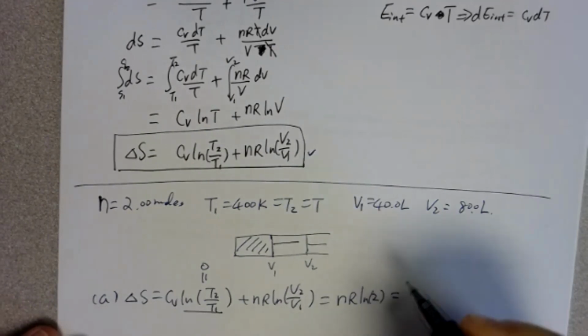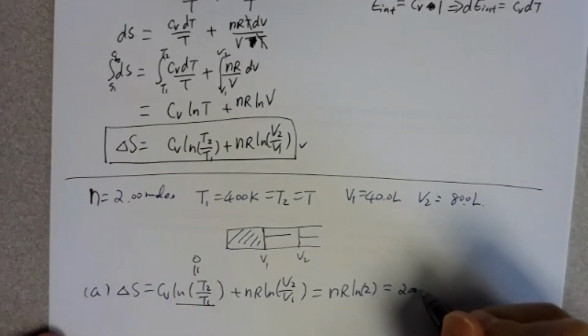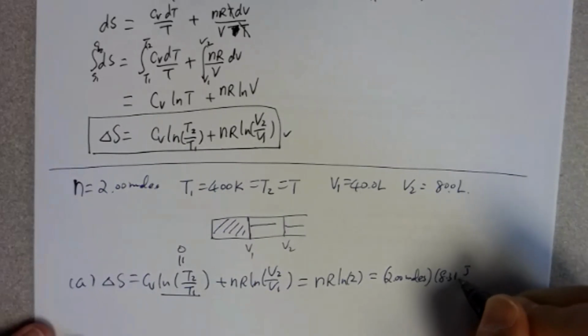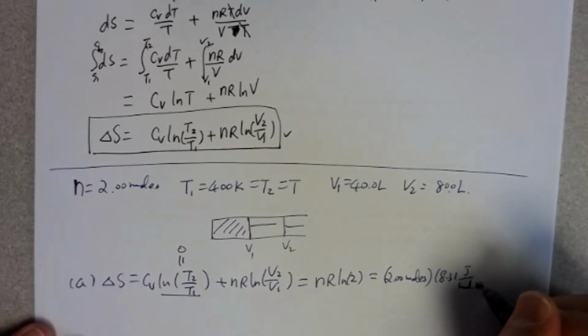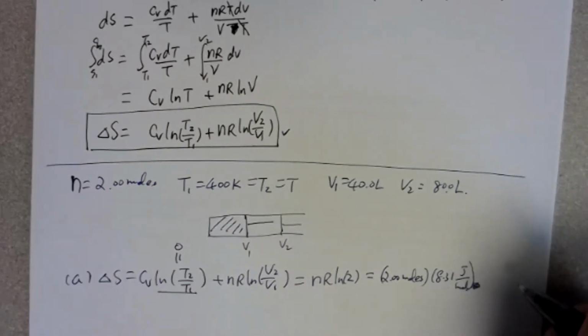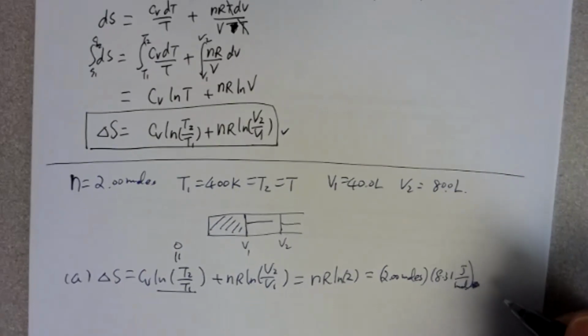N is 2 moles, R is 8.31 joules per mole Kelvin, and ln of 2.